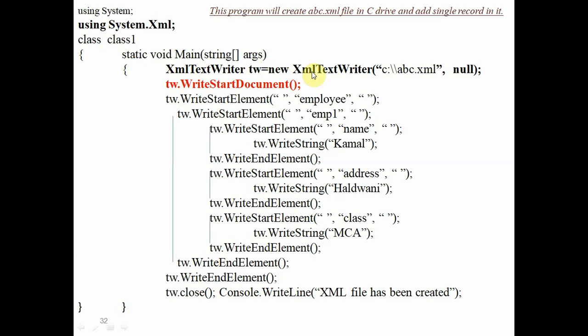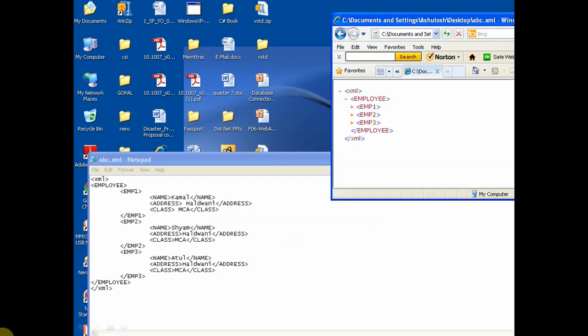Its object is tw equals new XmlTextWriter, and abc.xml is the name of the file. Same way, here the name of the file is abc.xml.